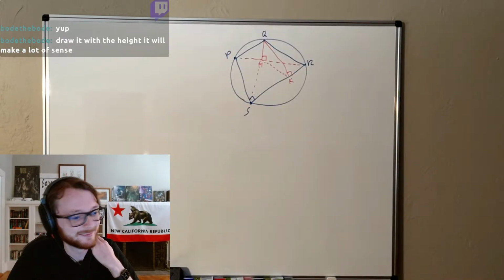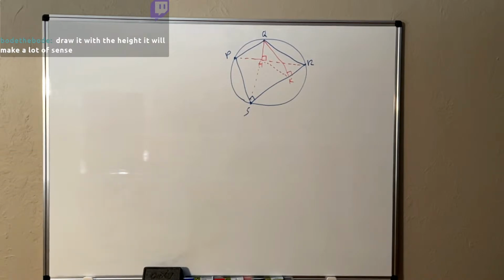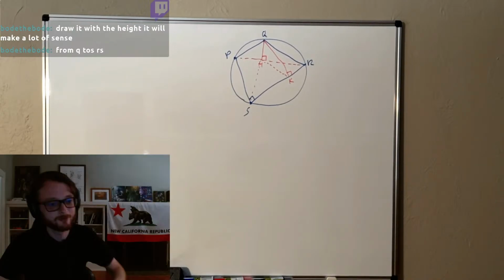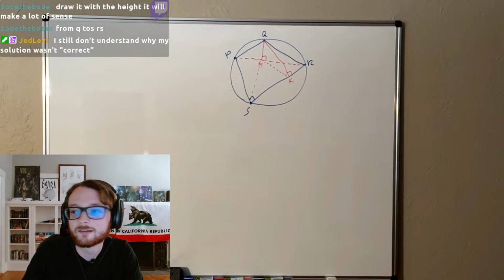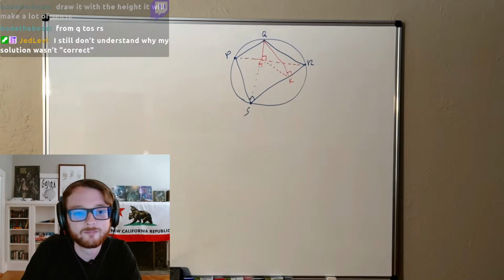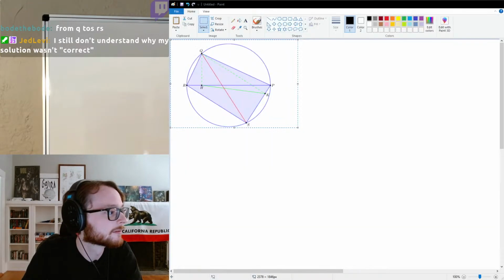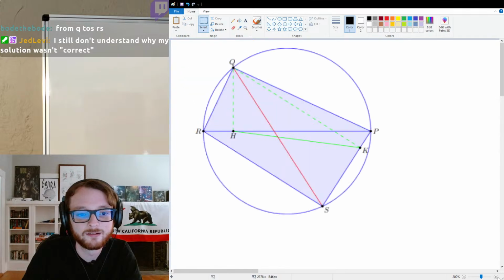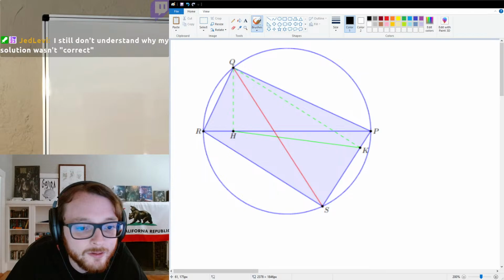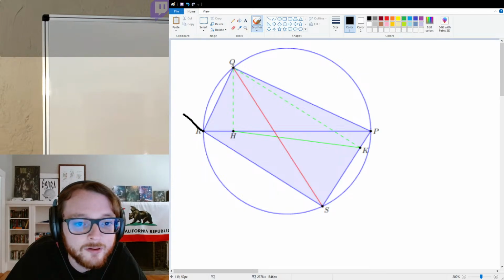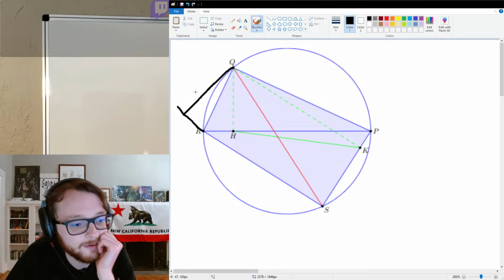Okay. From Q to RS. Oh wait, actually, I should just do this in Paint with the drawing that you gave me. Okay, so something like that.